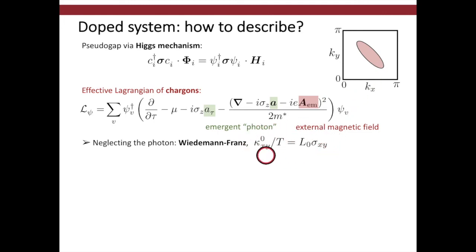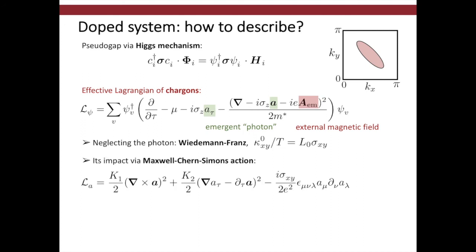To study the contribution of the photon, we use the following simple effective action that is expected to arise when integrating out the chargons and the gapped spinons. Besides the Maxwell term, it contains a Chern-Simons term with prefactor related to the Hall conductivity of the chargons. We have computed its contribution to the thermal Hall conductivity in the limit of a large number of fermion flavors.